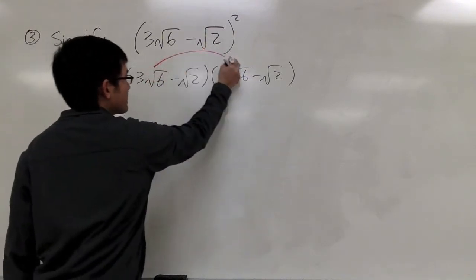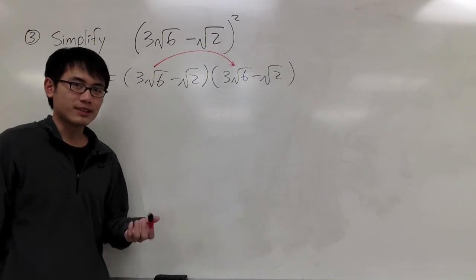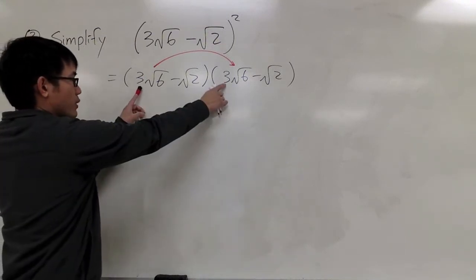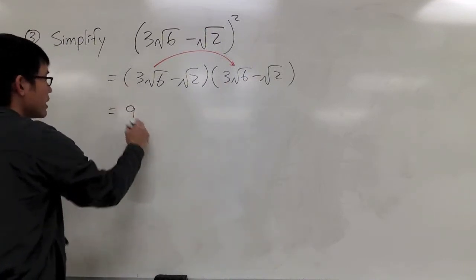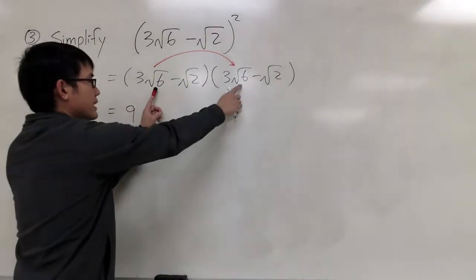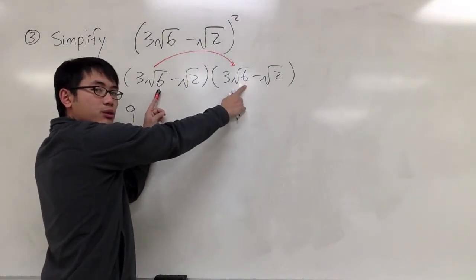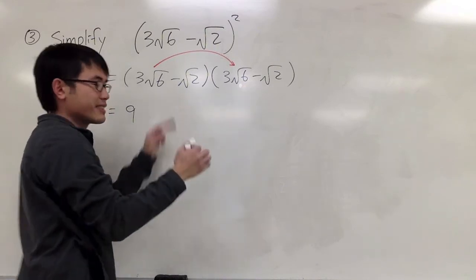I'll take the first one times the first one. When multiplying numbers that have square roots, make sure that you multiply the numbers that are both outside of the square root. So I have 3 times 3, that will give me 9. And also multiply the numbers that are both inside of the square root. Square root of 6 times square root of 6 will give us square root of 36, which is just a regular number 6.